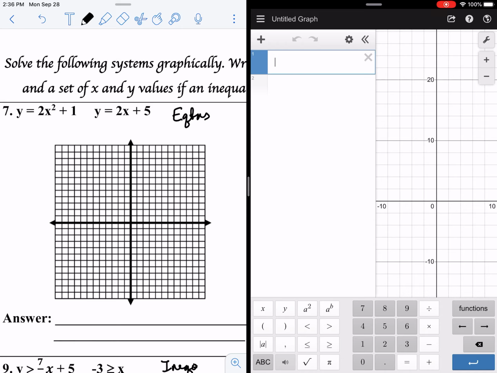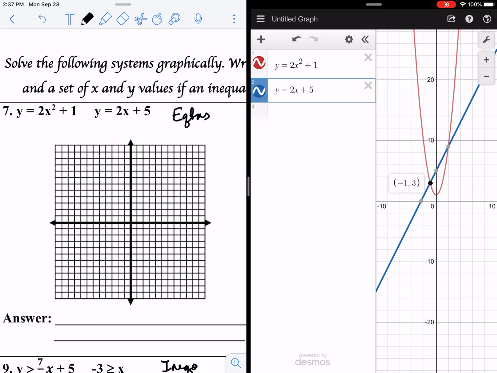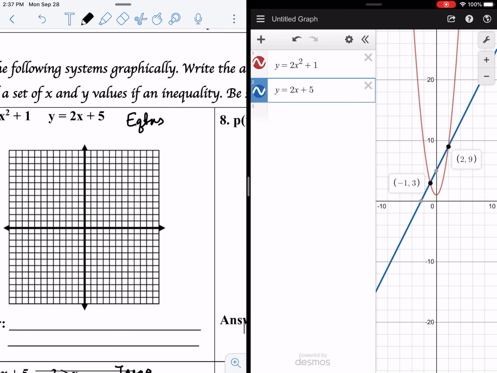So just type what you're given: y equals 2x squared plus 1, y equals 2x plus 5. Your solutions are the x values where your graphs intersect.